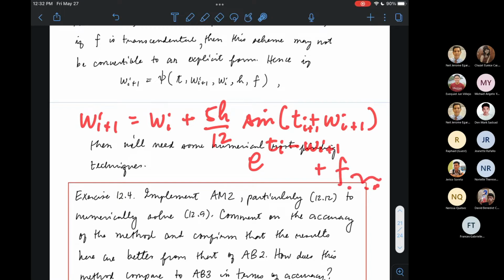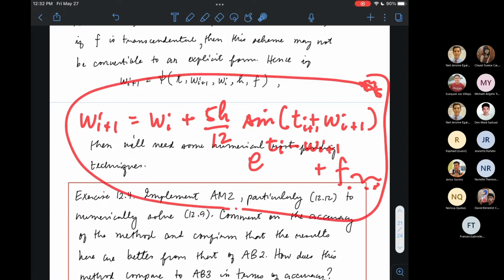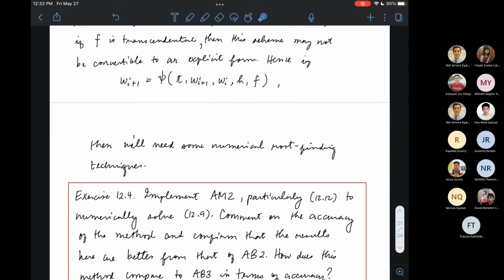Ano? So ito yung problema. Hindi natin kakayaning i-isolate si W sub i plus 1 sa isang side ng equation. So if that happens, then we don't have any choice but to run a root finding technique to solve for W sub i plus 1 in that equation. Okay?